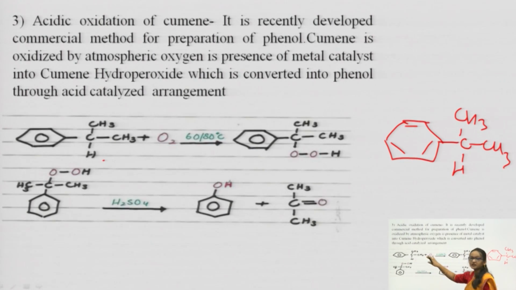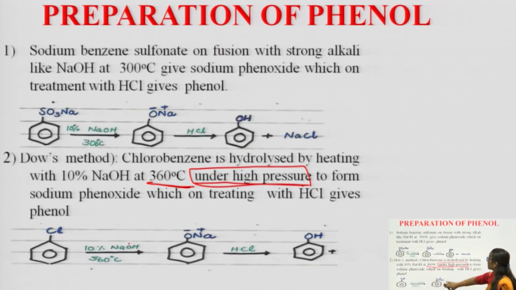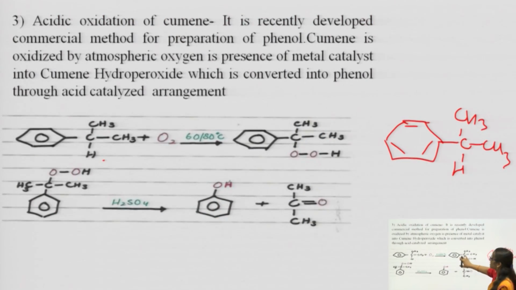When cumene is treated with oxygen, which is present in our air, in the presence of some catalyst, cumene hydroperoxide is formed as an intermediate. In the previous slide, what was forming? Sodium phenoxide, right? Here, the intermediate is cumene hydroperoxide, which is then converted into phenol through acid catalyzed rearrangement, and finally it gives phenol.